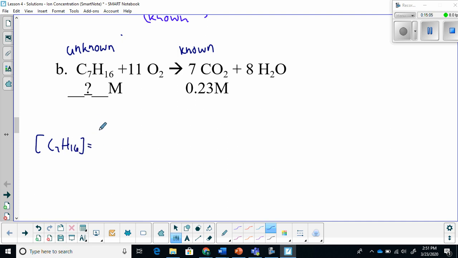You start off with what you know. I know that I have 0.23 moles per liter of carbon dioxide. From there, we take our known and convert it into our unknown by using a molar ratio.